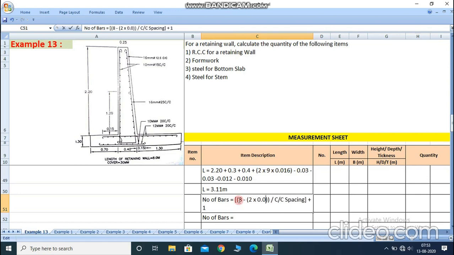Here the cover is 0.03, and the center to center spacing is 12.5 centimeter, so 0.125.